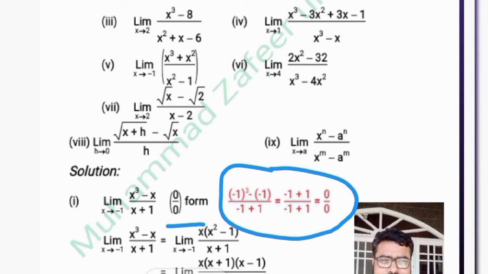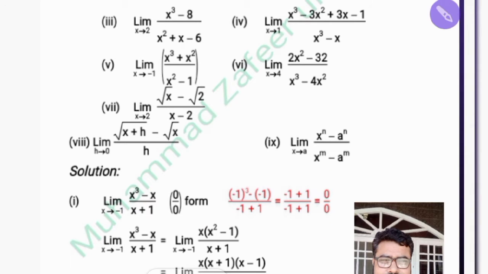It means factorization. Factorization means if you can take common, if you can apply a formula, if you can apply middle term break. These three terms mean factorization.